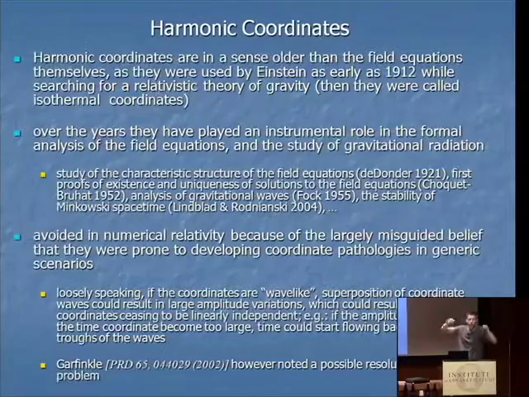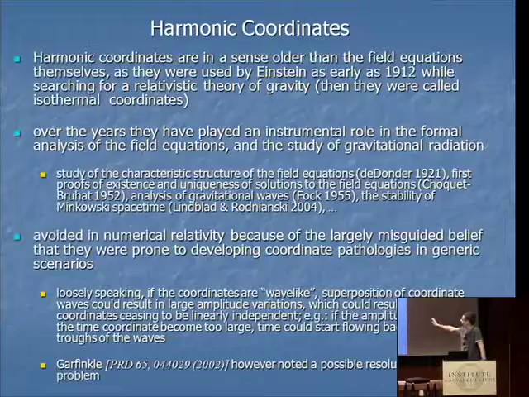When two waves interfere at the peaks of the waves, time is going to move forward faster than it would normally. At the troughs, it's going to go slower. And if the amplitudes of the waves are large enough, when it goes slower, it could actually come to a stop at some point and want to go moving backwards in time. If things like that happen, you run into a coordinate singularity and the simulation crashes. It's not going to work.